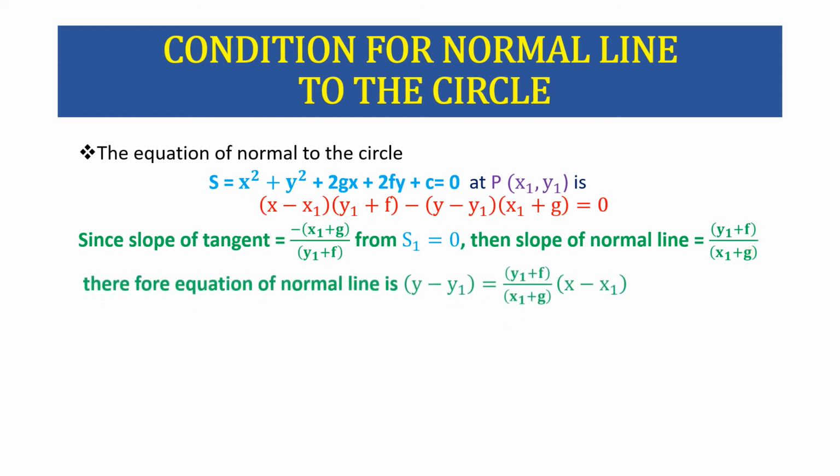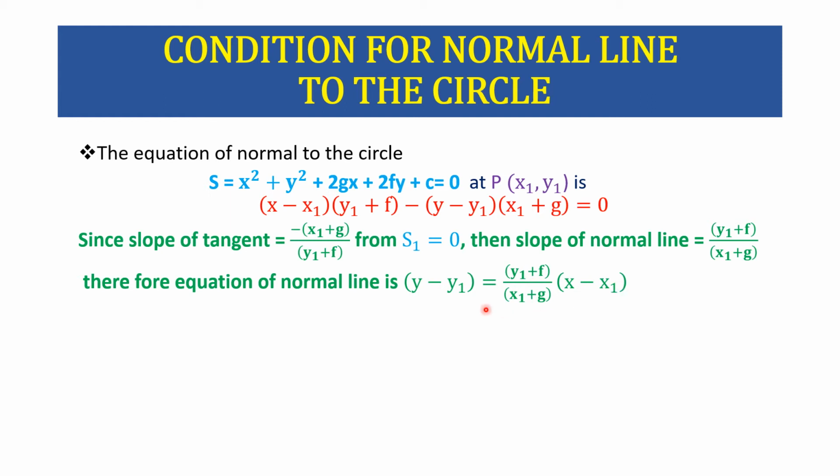Now using slope point formula, that is y minus y1 equals to minus 1 by m into x minus x1. Here substitute the value of slope y1 plus f by x1 plus g. Then the equation of normal is y minus y1 equals to y1 plus f by x1 plus g into x minus x1.